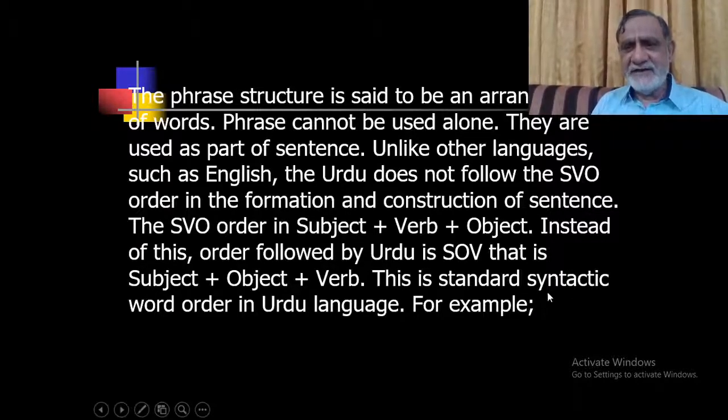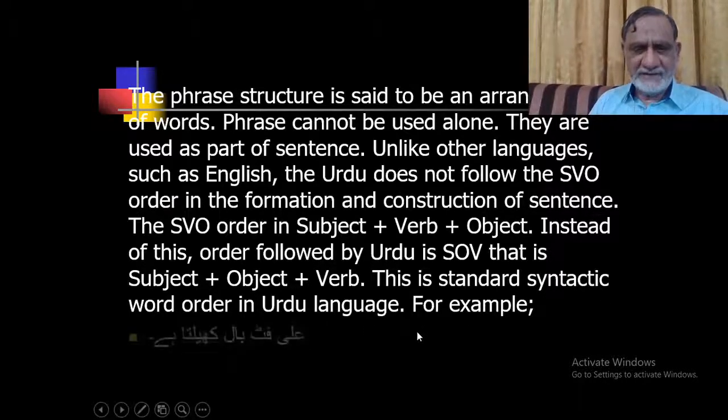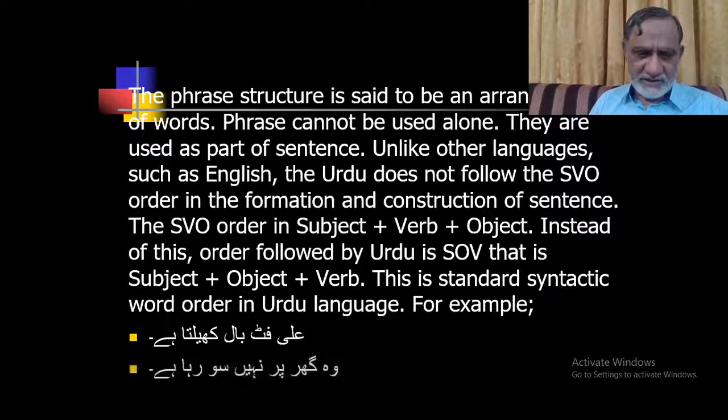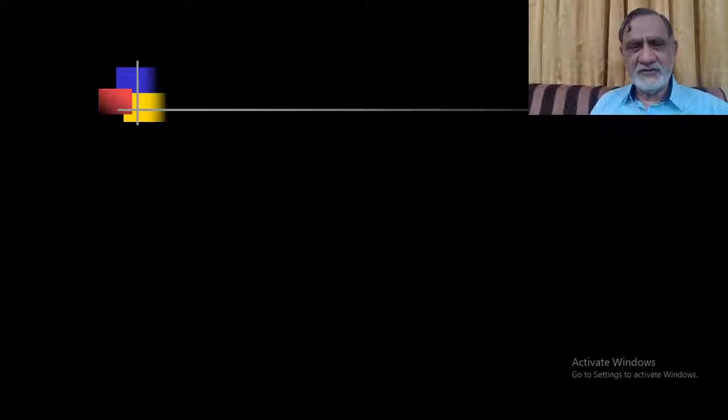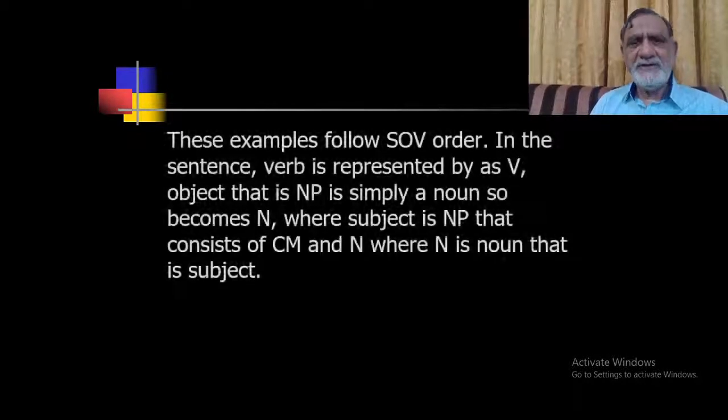This is a standard syntactic word order in the Urdu language, and the example is: Ali football खेलता है, वो घर पे नहीं सो रहा और हम बाहर जा रहे हैं. See, this same structure is being followed. These examples follow SOV order.